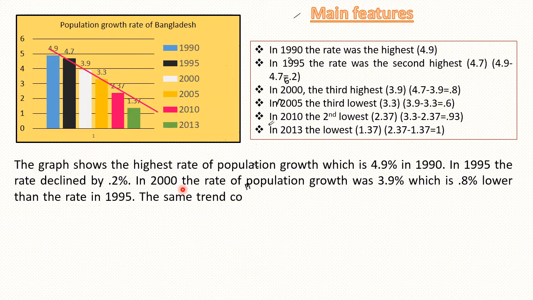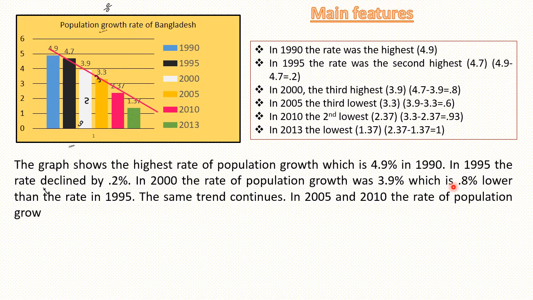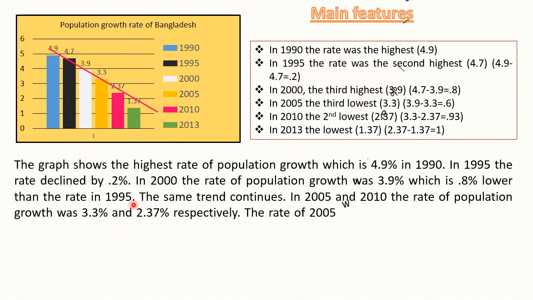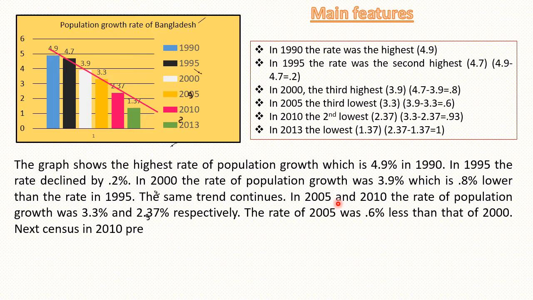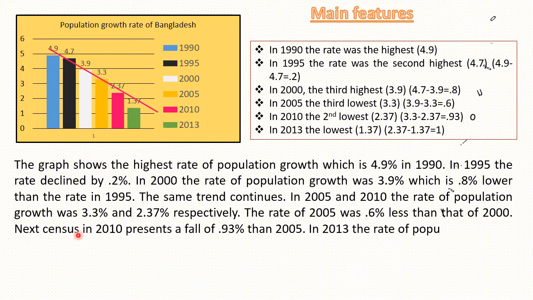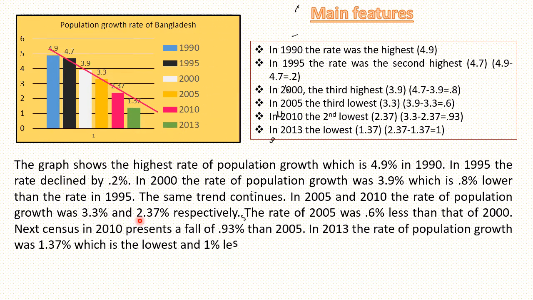In 2000, the rate of population growth was 3.9%, which is 0.8% lower than the rate in 1995. The same trend continues. In 2005 and 2010, the rate of population growth was 3.3% and 2.37% respectively. The rate of 2005 was 0.6% less than that of 2000.